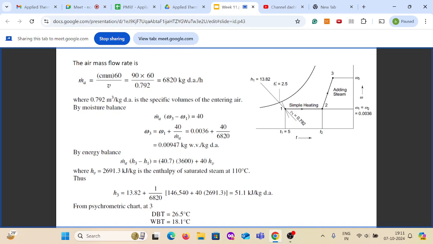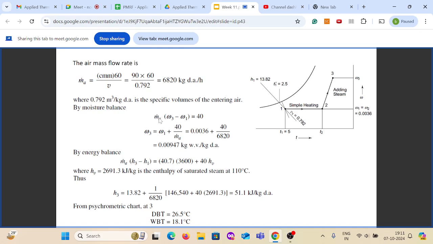By moisture balance, we'll use the specific humidity for the water which is getting added. So omega 3 minus omega 1 times the mass of air gives you the mass of water which is getting added, which equals 40 kg per hour.